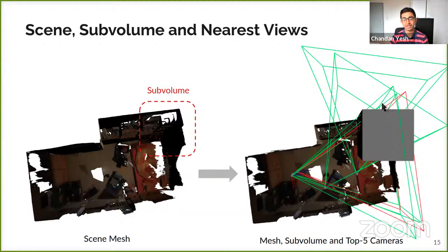In that way, it's a greedy selection of camera poses. Once we have a set of subvolumes like this, and for each of them a corresponding set of camera poses covering these voxels, we are ready to integrate the 2D information with the 3D one.